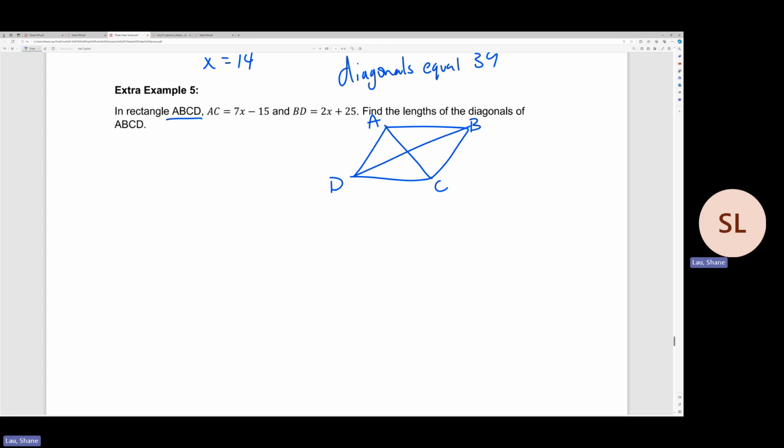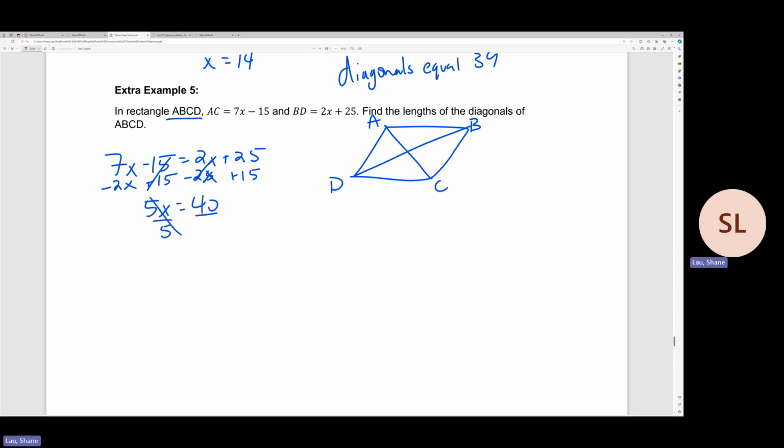And we're gonna do the exact same thing. We'll put them equal to each other, find out what x is, and then figure out what the diagonals are. 7x minus 15 equals 2x plus 25. Subtract 2x on both sides, plus 15 on both sides. Cancel, cancel. You get 5x equals 40.